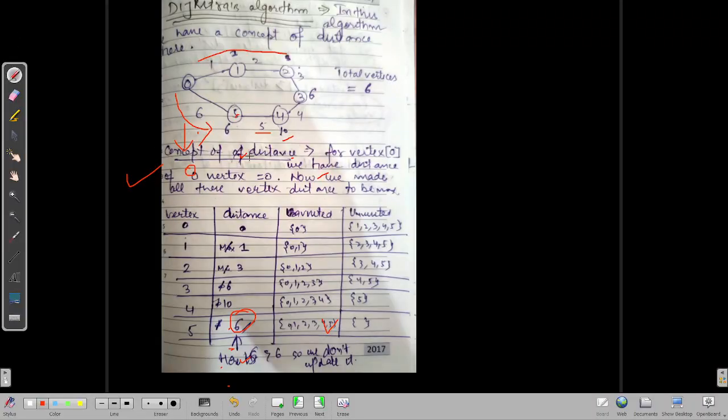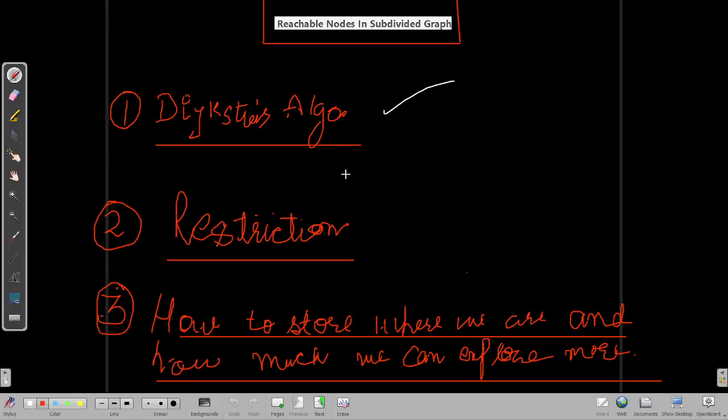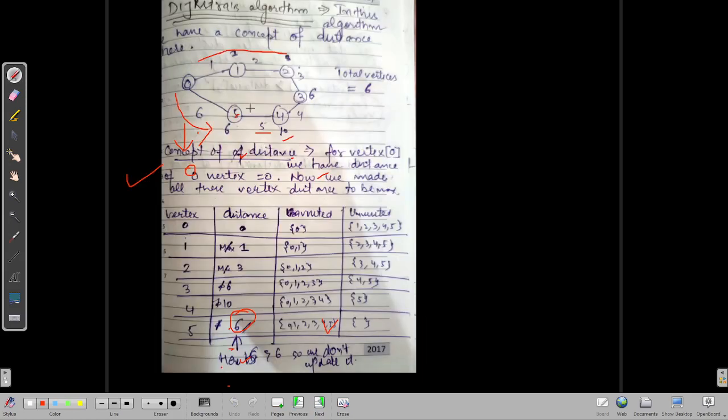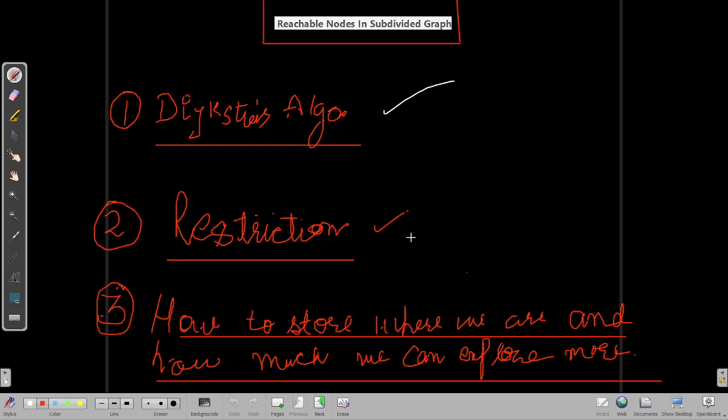Okay, so I think this part is clear to you. Now let's come to the next thing. So there is a restriction. What is the restriction? As you see here, we have to traverse each node, right? We have to traverse each node, and we have to traverse in the minimum distance. But here we can't traverse as it is, because there is a restriction, and that is the maximum moves we can take.